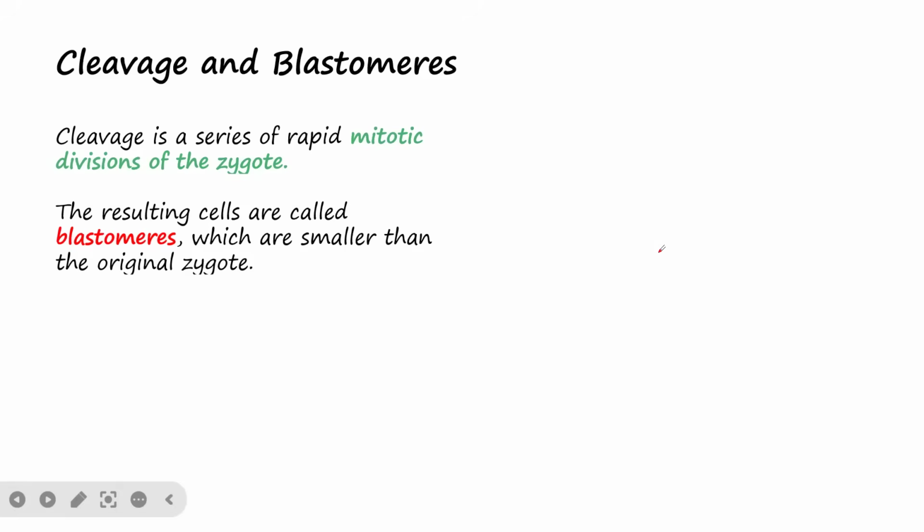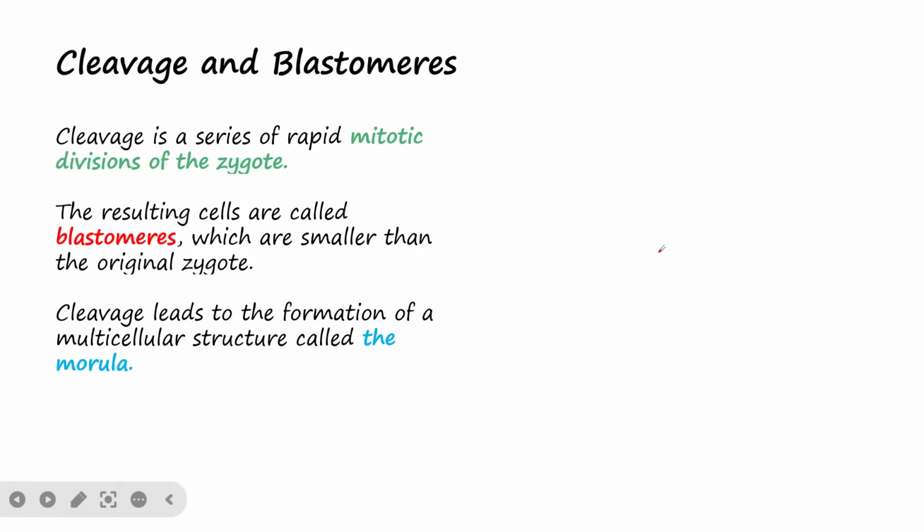So in this zygote, cleavage occurs, which is a series of rapid mitotic cell divisions, which results in the formation of blastomeres. And these blastomeres are smaller than the original zygote.